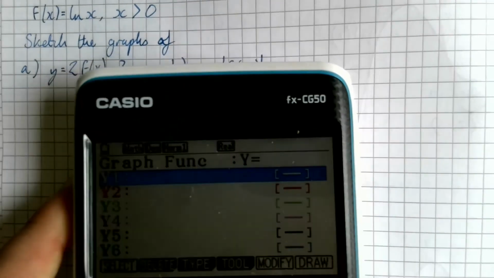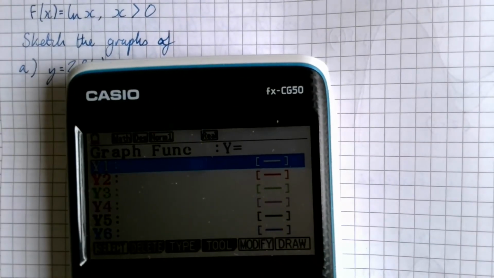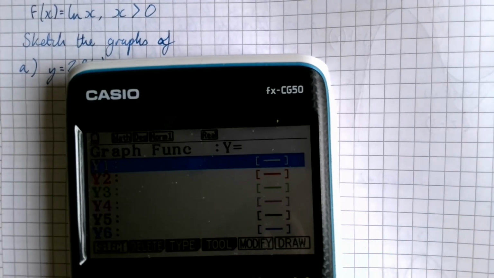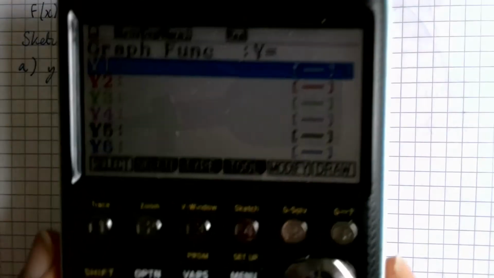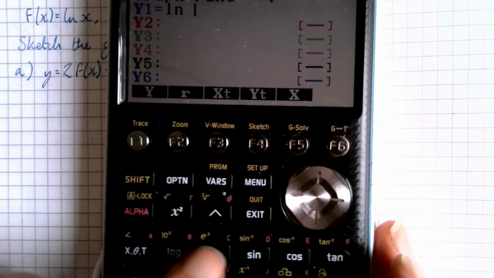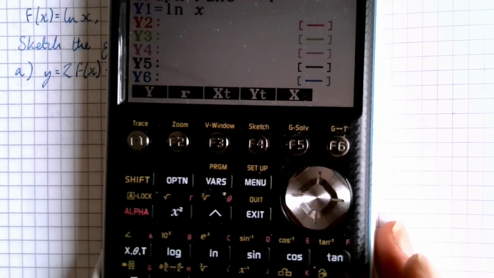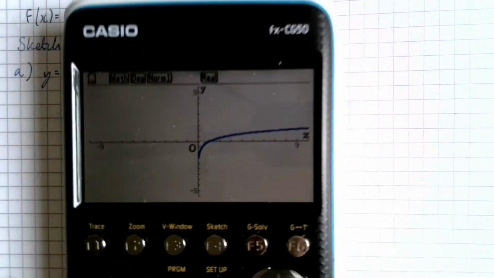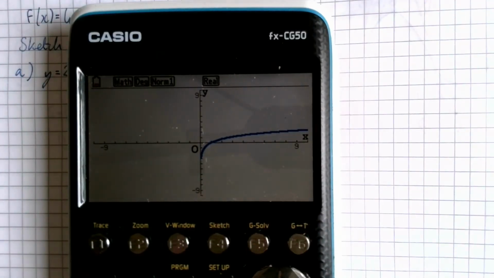Well, you may remember exactly what it looks like, but if you don't, remember your calculator is your friend here. So you get into your graph function, you hit ln x, press equals, draw, and you may need to play around with the axes a bit, but that's enough to remind us exactly what's going on here.